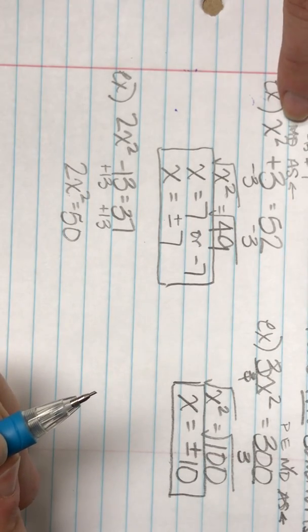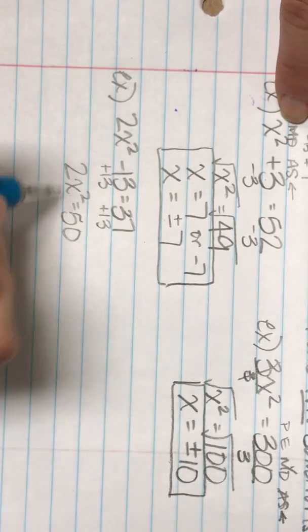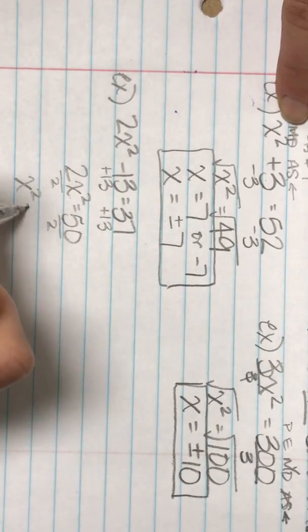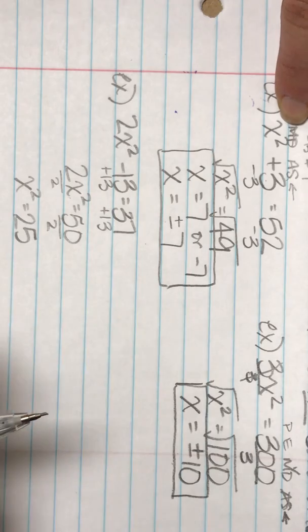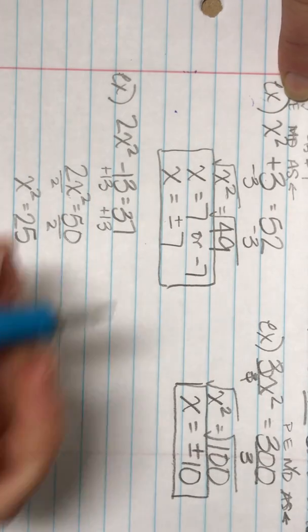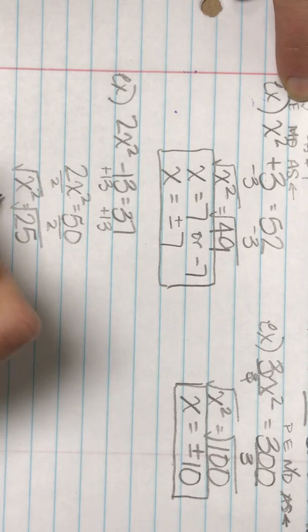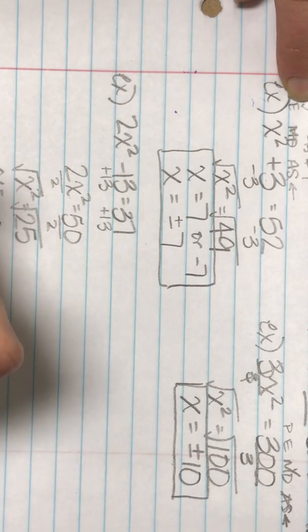Now I would move to the multiplication and division. So I'm going to divide by 2, which gives me x squared equals 25. And now I'm going to move to the exponent. So I'm going to square root them. And I end up with x equals positive or negative 5, which is the same as writing 5 or negative 5.